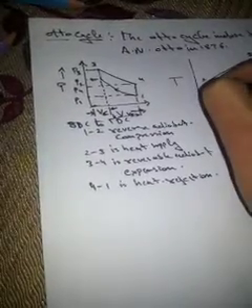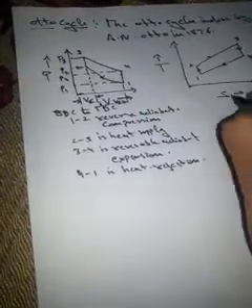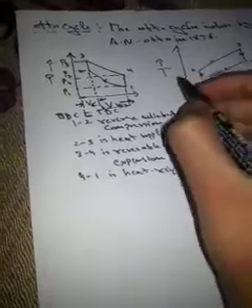Now the TS diagram, with points 1, 2, 3, and 4: temperature versus entropy.